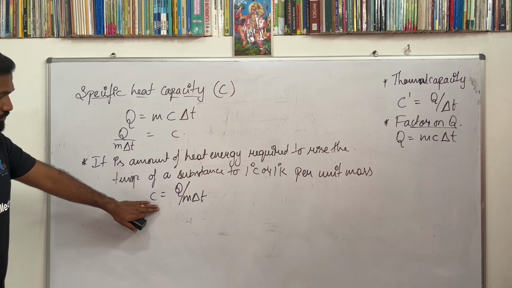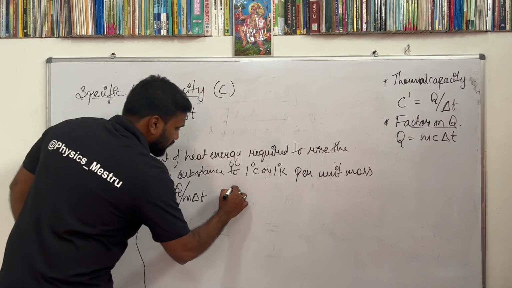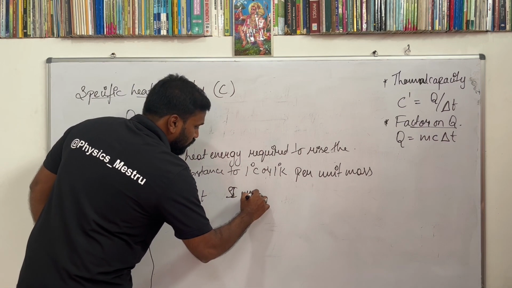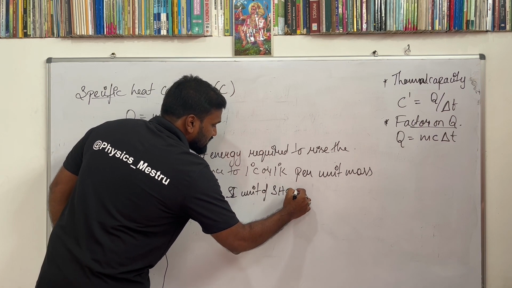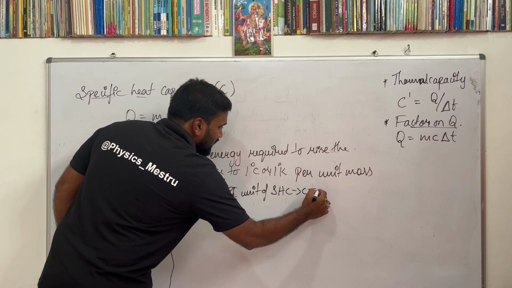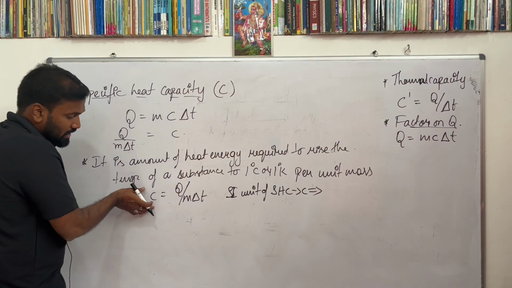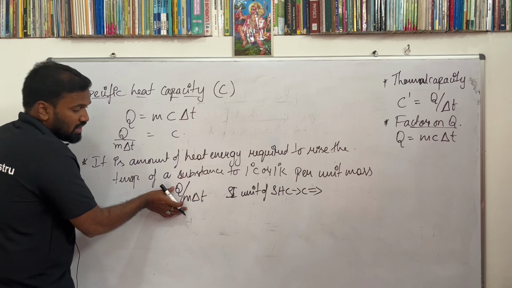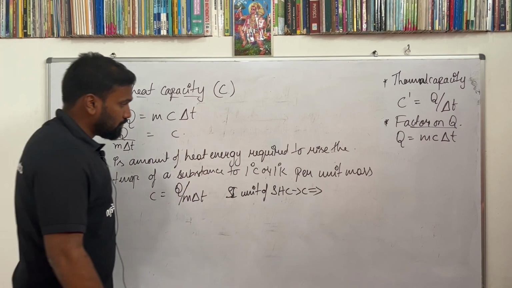This is the formula for specific heat capacity. Now let us define the SI unit of specific heat capacity, C. To get the SI unit, we have to write it in terms of SI units. What is the SI unit of heat energy?